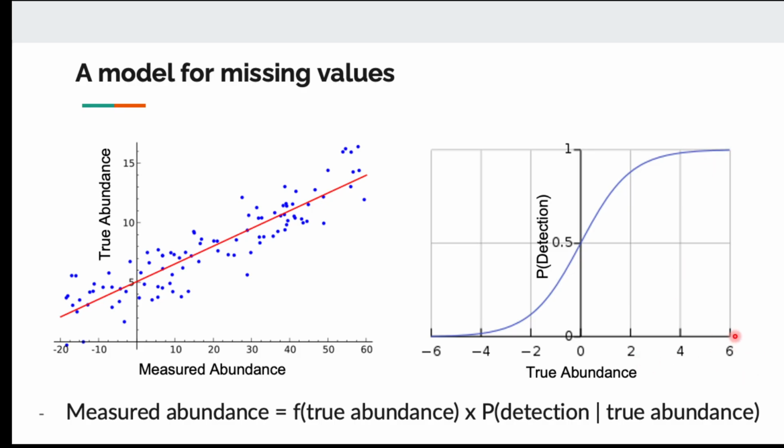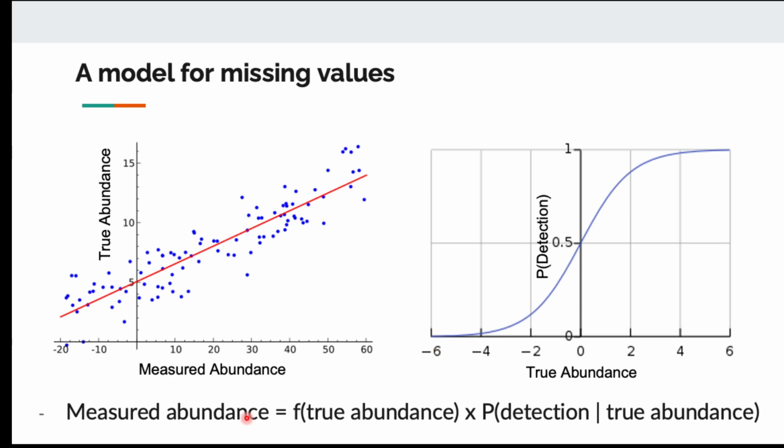For example, if the genes are highly abundant, we are going to detect them most of the time because we are going to sequence them consistently. But as we look at lower and lower expressed genes, the chance that we are going to detect them with just 20,000 to 50,000 reads goes lower and lower, until for low abundance genes, you might not see them at all because you don't have enough sequencing depth to detect this gene.